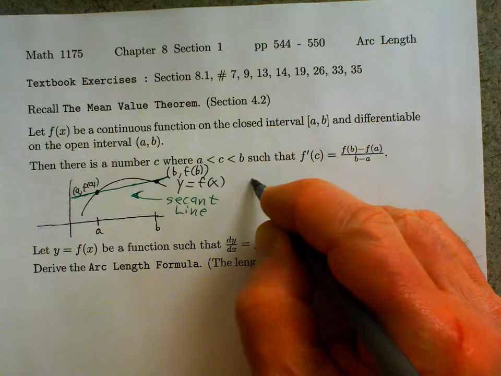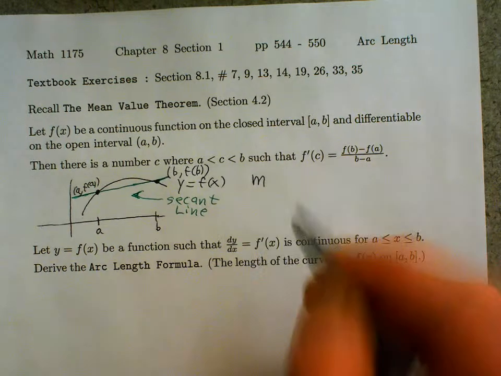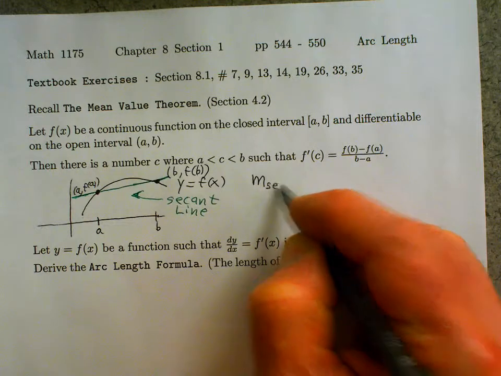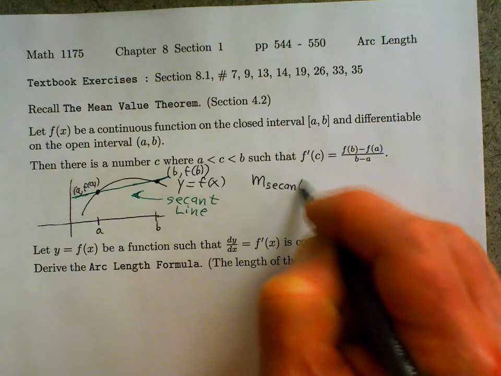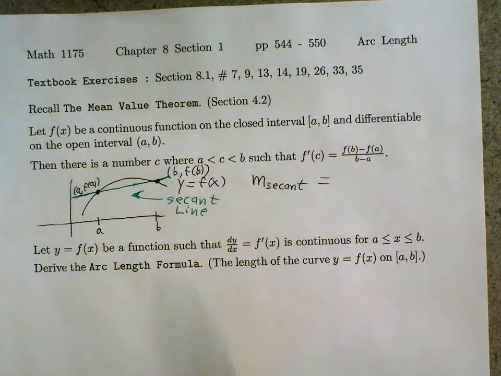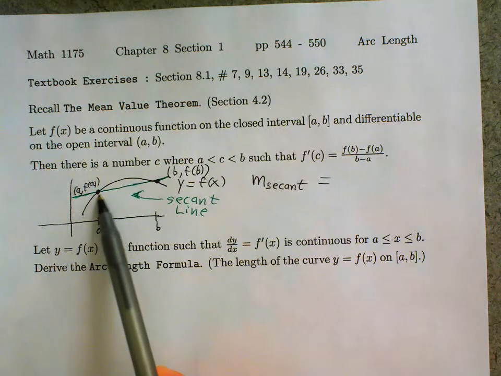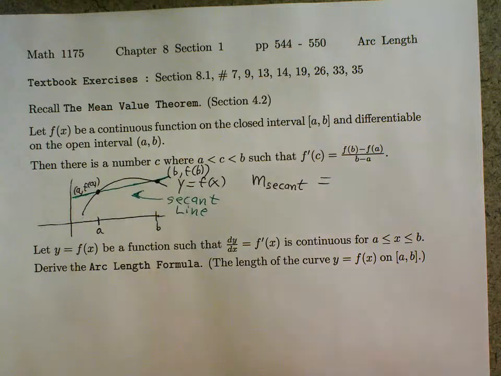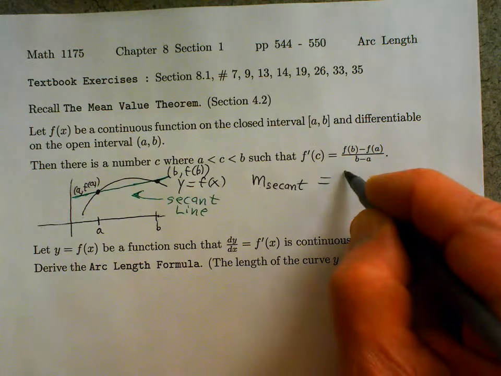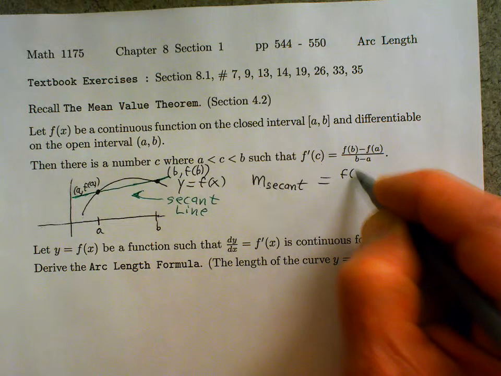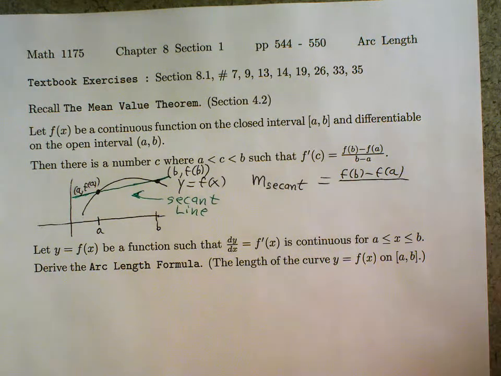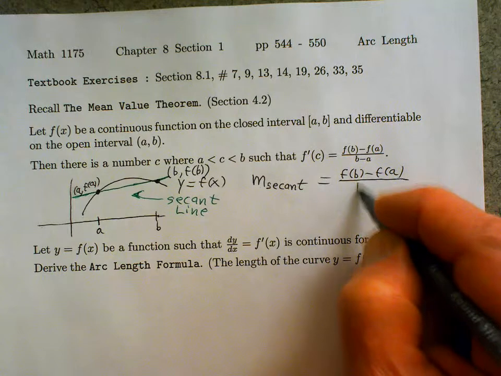The slope of the secant line, I'll use m sub secant, we just apply the slope formula for the line that passes through those 2 points. So it's f of b minus f of a divided by b minus a.